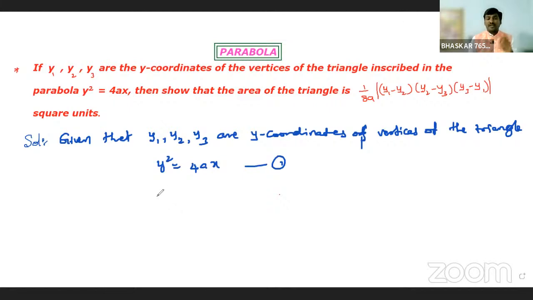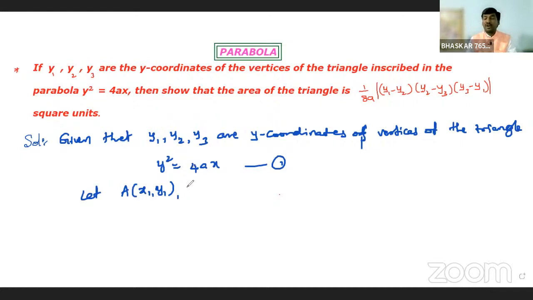Okay, and what are the points? Let me take A as (x1, y1). The y coordinates are given, we don't have the x coordinates. So since the y coordinates are y1, y2, y3, we consider the x coordinates as x1, x2, x3.